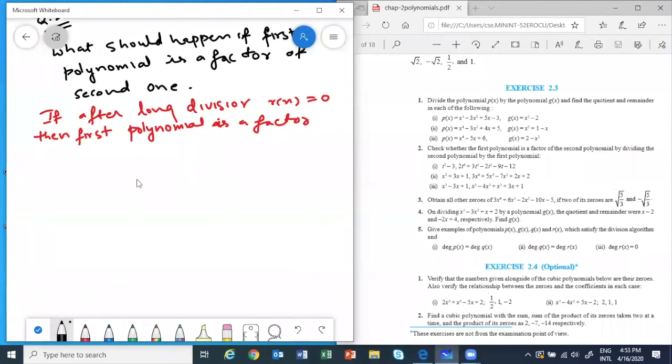Okay, so we have to divide 2t power 4 plus 3t cube minus 2t square minus 90 minus 12. Okay, and you have to divide by t square minus 3.